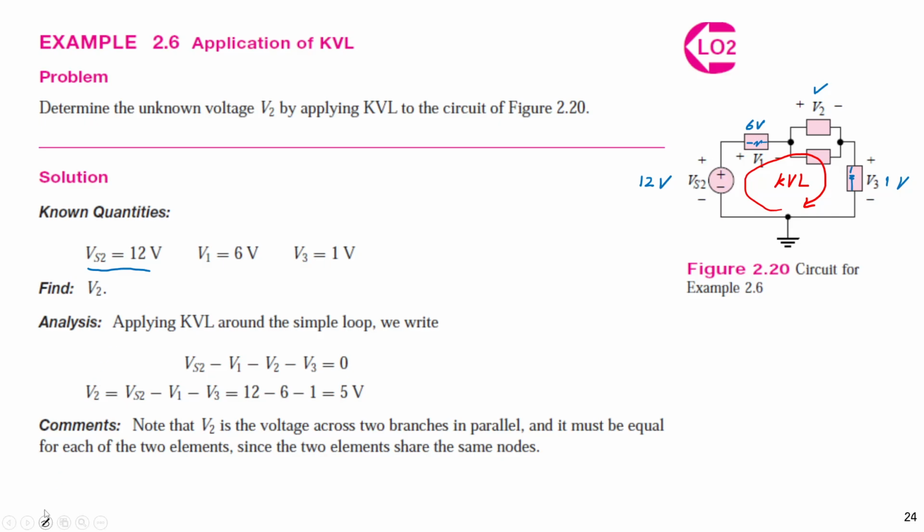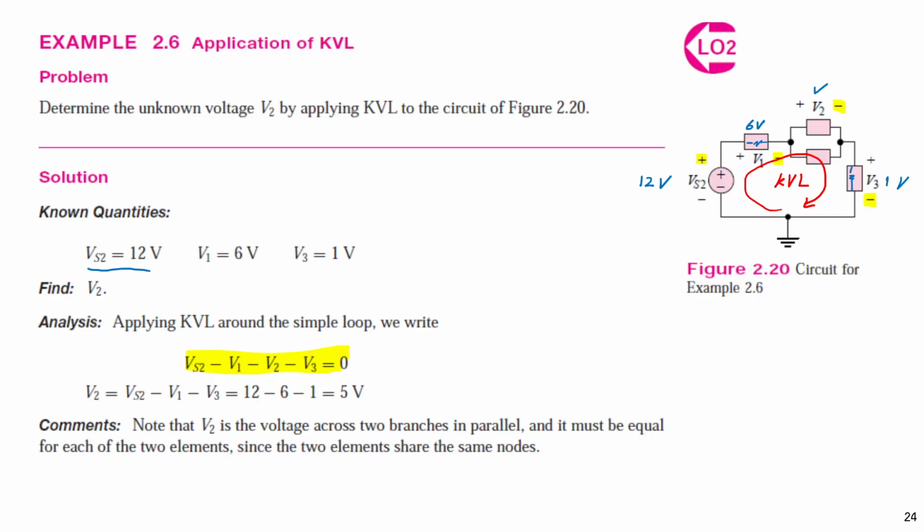So how to specify the sign of the voltage, right? For Vs2, the current flows out from positive, V1 from negative, V2 from negative, V3 from negative. So we get this equation, right? Vs2 minus Vs1 minus Vs2 minus V1 minus V2 minus V3 is 0. So we substitute Vs, V1 and V3.